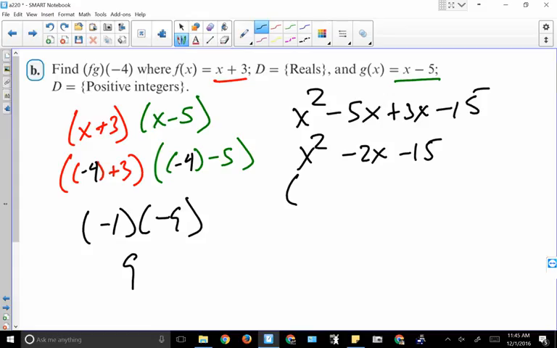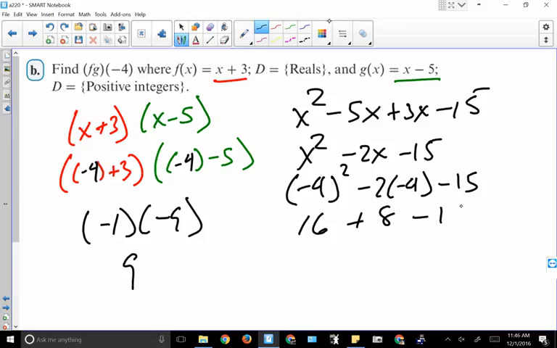Now I plug in my -4. So that turns out to be 16 plus 8 minus 15. 16 plus 8 gives me 24 minus 15, which turns out to be 9.